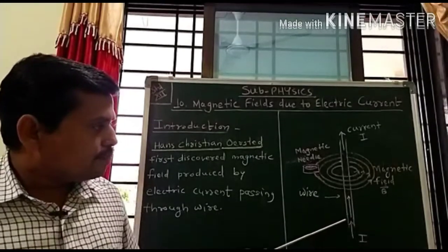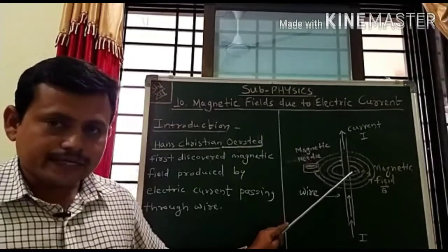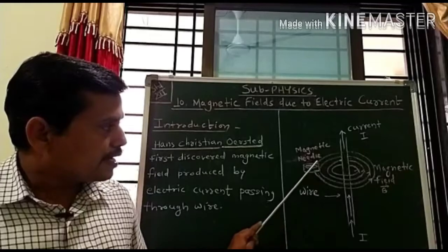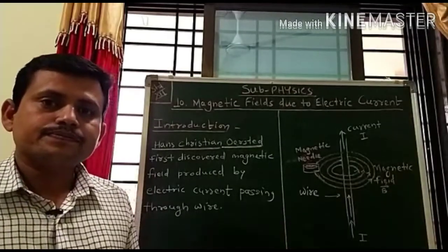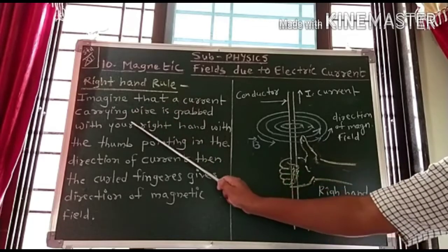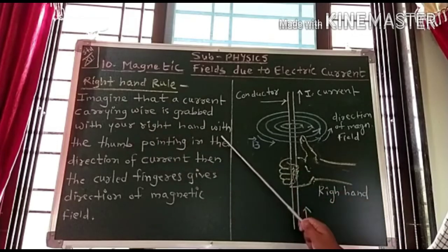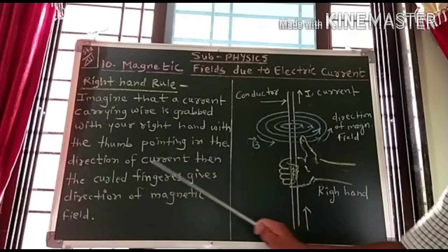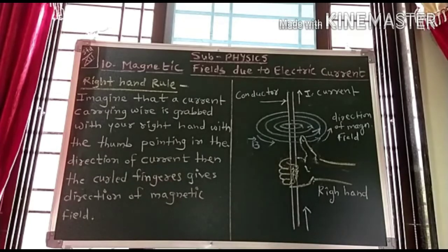The magnetic field produced around the conducting wire is a vector quantity, and therefore its direction can be determined by using the right hand rule. The statement of the right hand rule is: imagine that a current carrying wire is grabbed with your right hand with the thumb pointing in the direction of the current, then the curved fingers give the direction of the magnetic field.